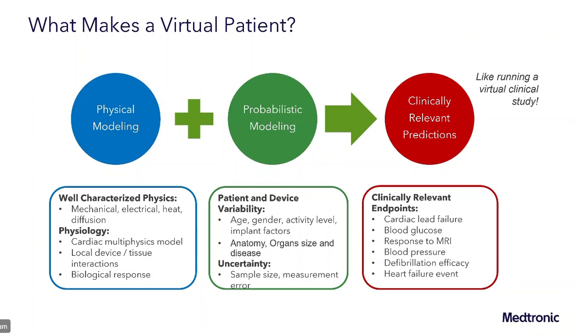The next really important area is the physiology. So this is really understanding the biology of the human and being able to model that. As an example, we have the cardiac multi-physics model. So this is like understanding things like hemodynamics and electrical systems of the heart. And 30 or 40 years ago, we'd be like, well, how can you do that?